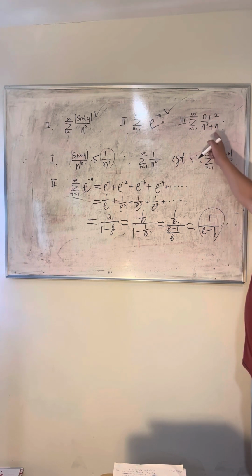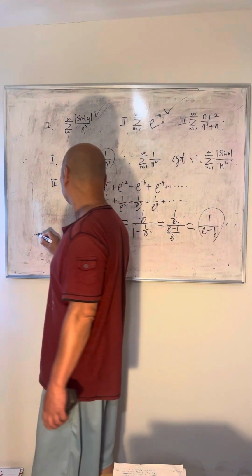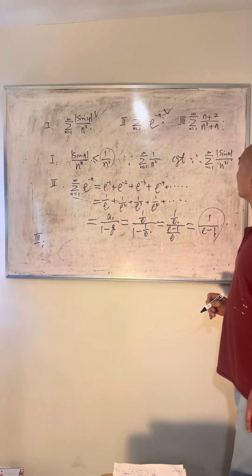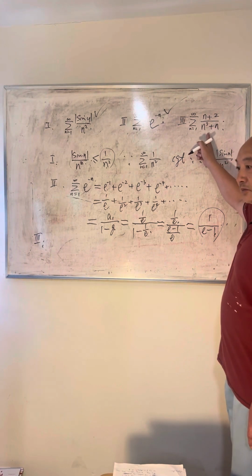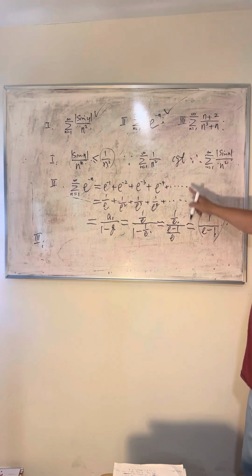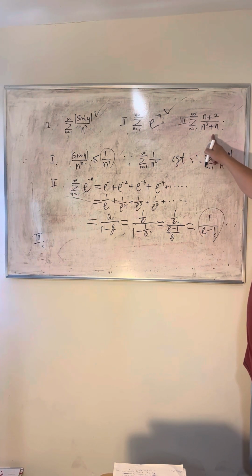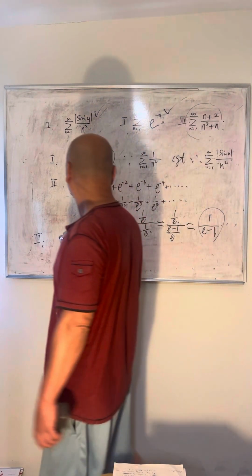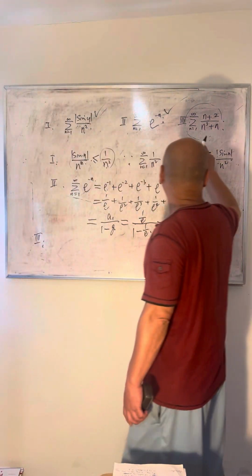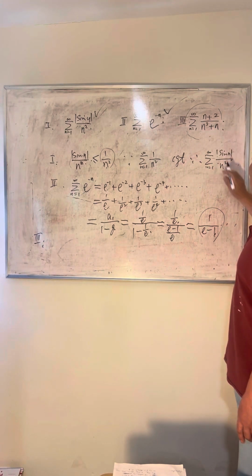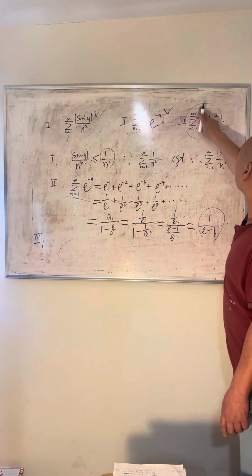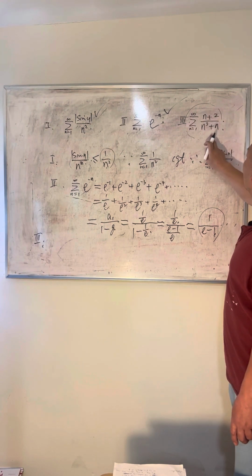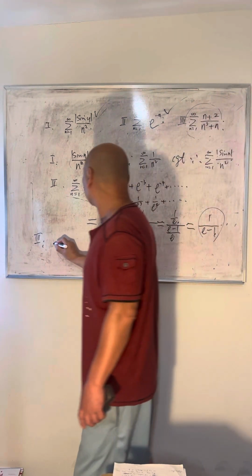Third. We can also apply the comparison rule to determine whether this is convergent or divergent. We compare this one to n squared. If not familiar with this one, we can simplify it first.